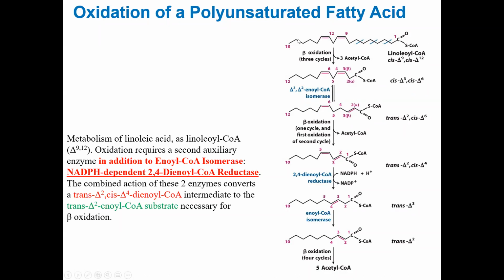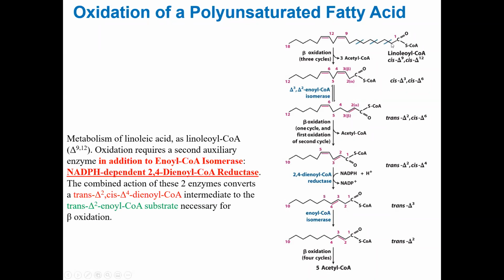So if you look at the top of the molecule, right, you can see that this is an 18 carbon polyunsaturated fatty acid where we have two non-conjugated double bonds, both in cis geometry. Okay, fine. So if you have to do regular beta oxidations, you are able to do the same thing, right?